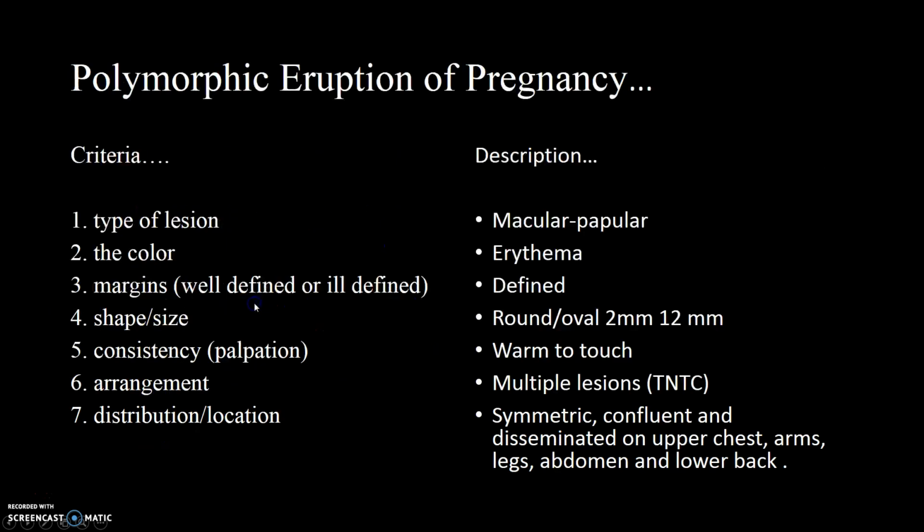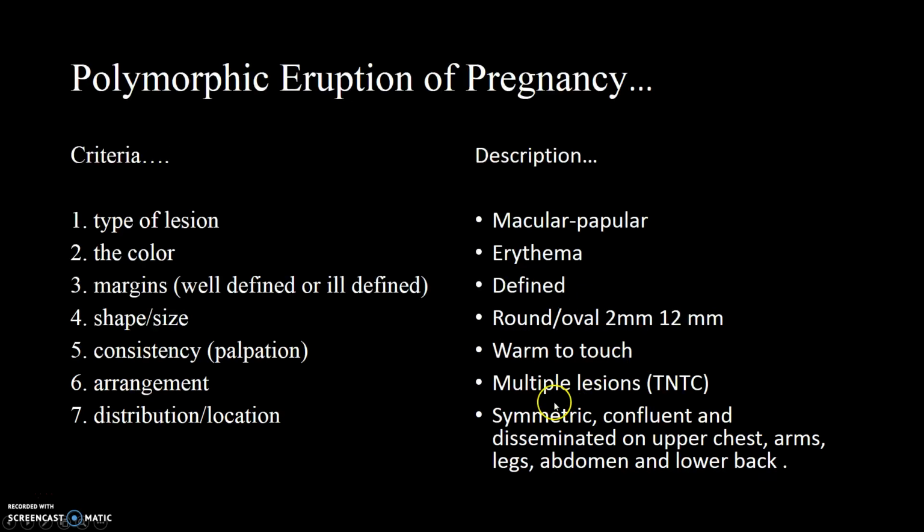So let's look at the criteria I told you to use: the type of lesion, the color, the margins, the shape, size, consistency, arrangement, distribution, and location. I matched these and wrote them down for you. This is a maculopapular lesion. It's erythematous. It's well defined. They're round and oval, 2 to 12 millimeters in size.